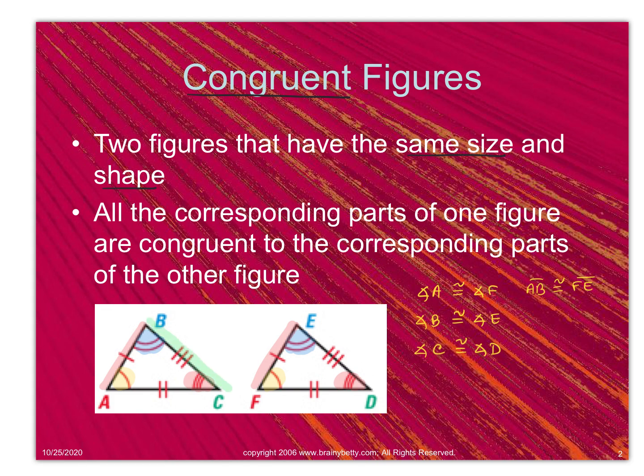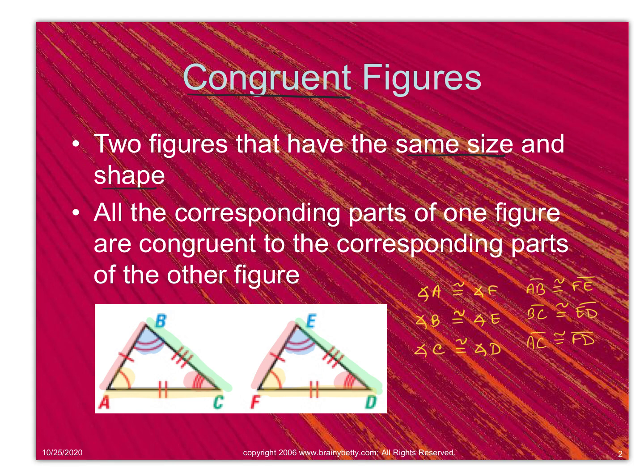It has three tick marks, and it matches with ED, which also has three tick marks. So segment BC is congruent to segment ED. Lastly, I can do that for the bottom side as well. AC has two tick marks. It matches with FD, which also has two tick marks. And when I say matches, I mean corresponds. So again, segment AC is congruent to segment FD.